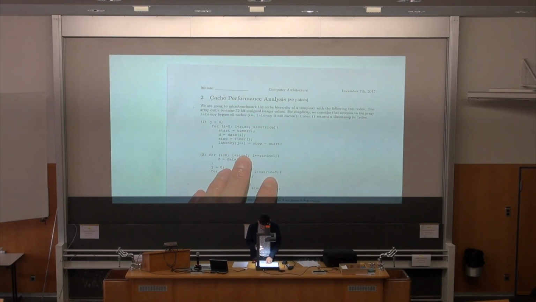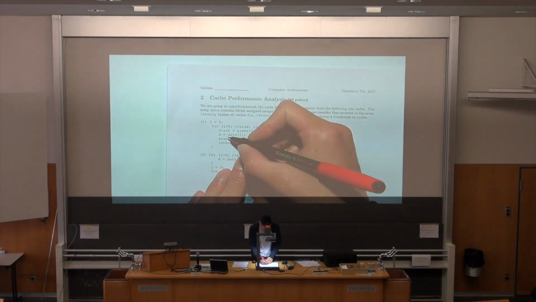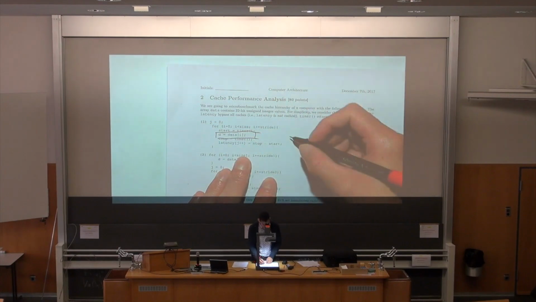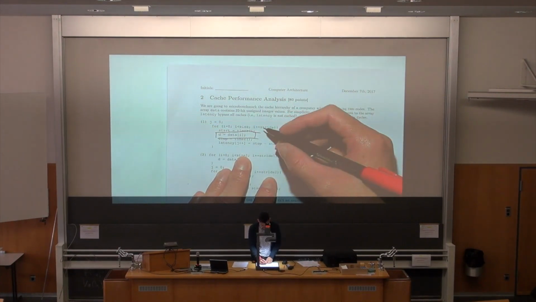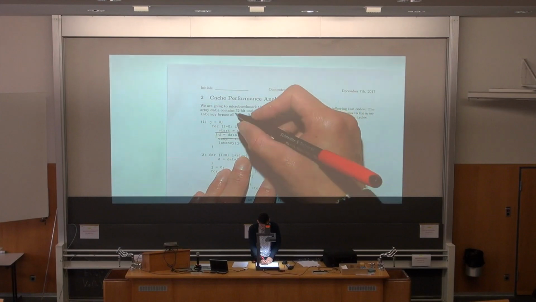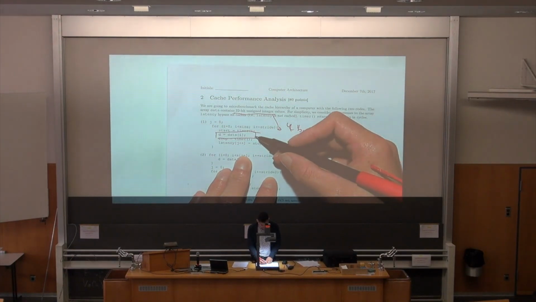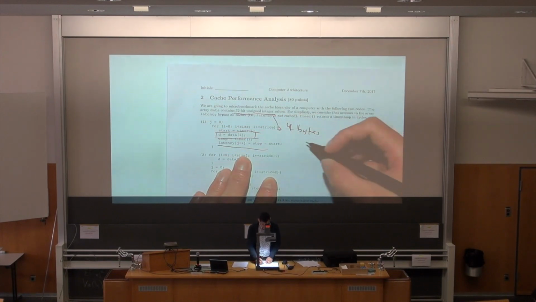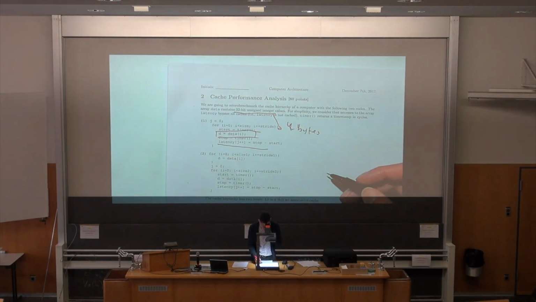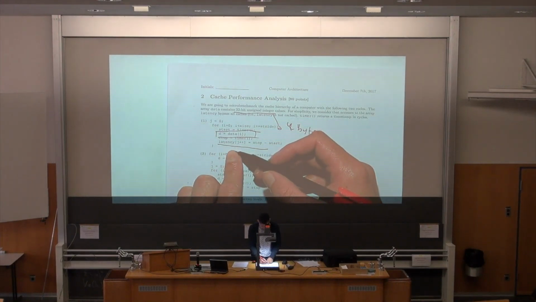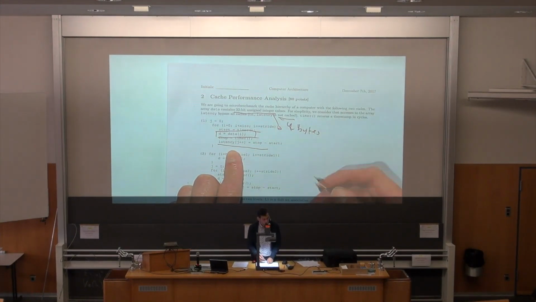So the first code loops over one array, data, and this data holds an unsigned integer, and the size is 32 bits, so 4 bytes. And you also compute the latency of each access here. And the question says that you should think of this array latency as not cached. So the only thing that is in the cache is the data array.